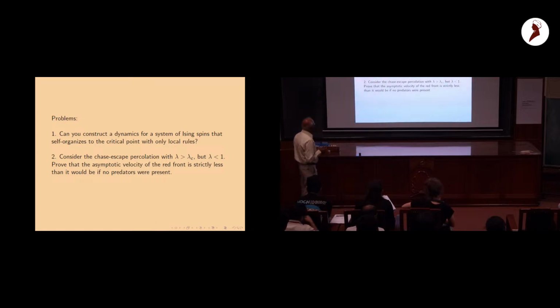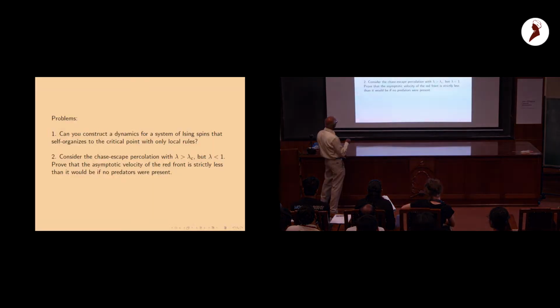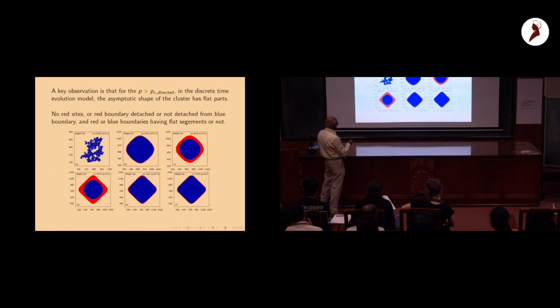Here the second one says to consider this problem, chase escape percolation, which we defined. So let us go back to this picture. I am in this regime, this one.